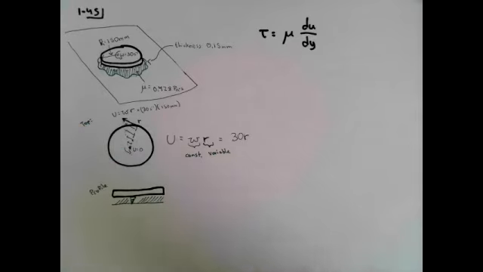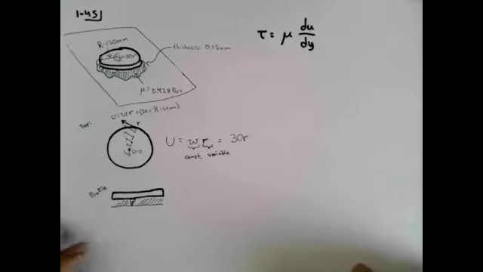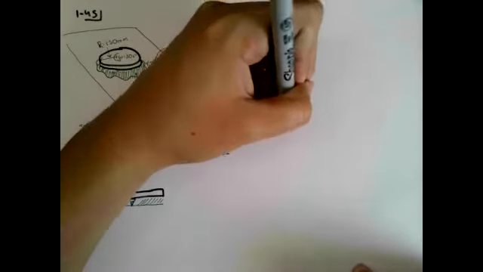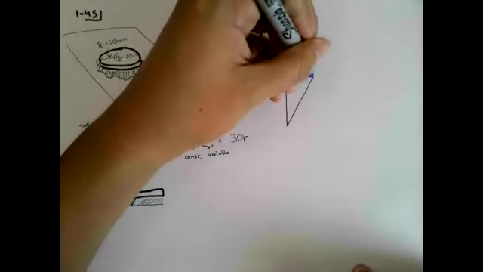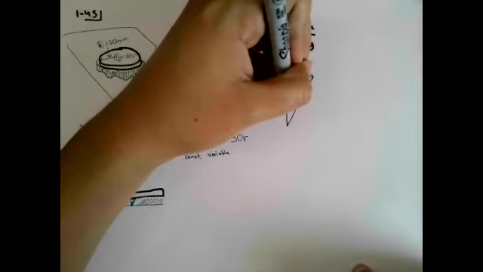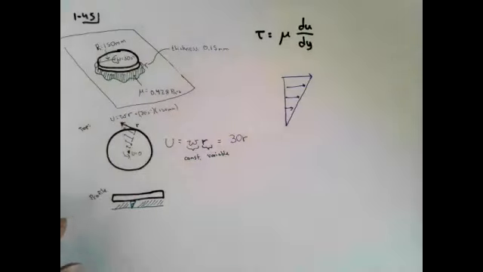So if I am asked to plot the velocity profile of the oil, and I'm told in the problem to assume that it is linear, then I can safely say that the velocity profile of the oil looks like this, like a linear velocity profile. And now, because this is a linear velocity profile, we can come up with an easy relationship for du/dy.